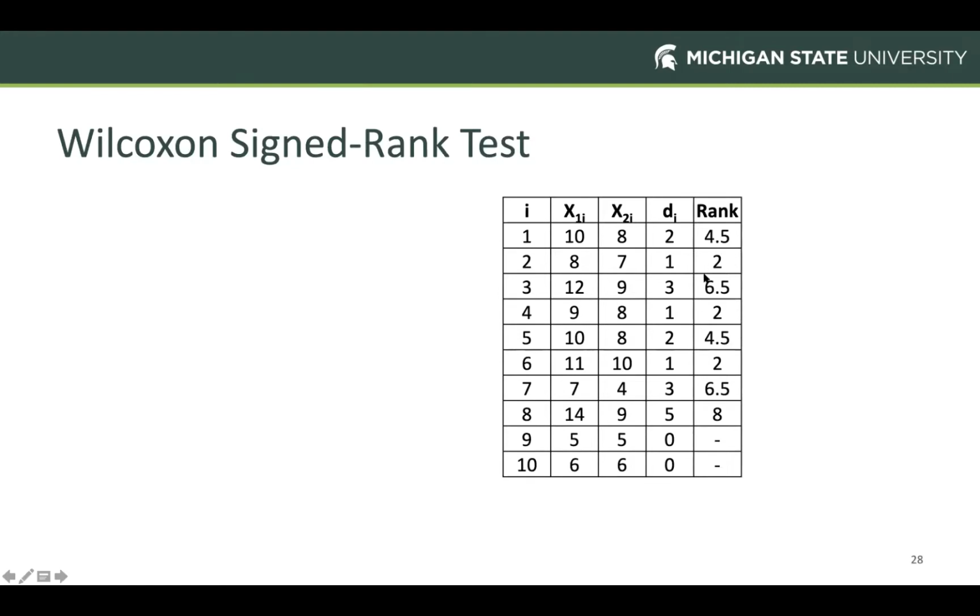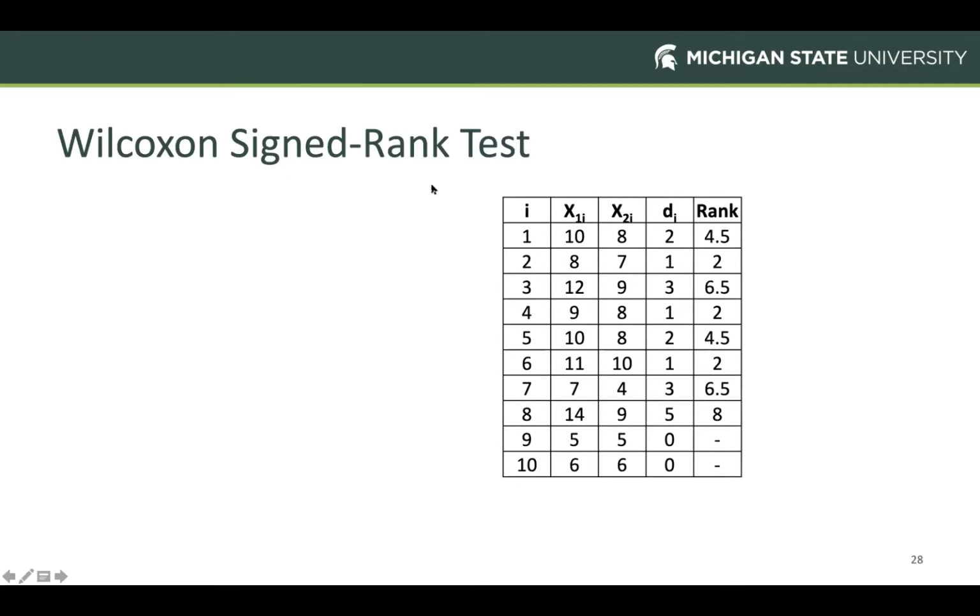And so the average rank for the first, second, and third smallest differences in this case would be 2. And similarly, we had some ties between observations 4 and 5 and 6 and 7. And then location 8 saw the largest decline in crashes of 5. And so that's the highest rank then in this case.